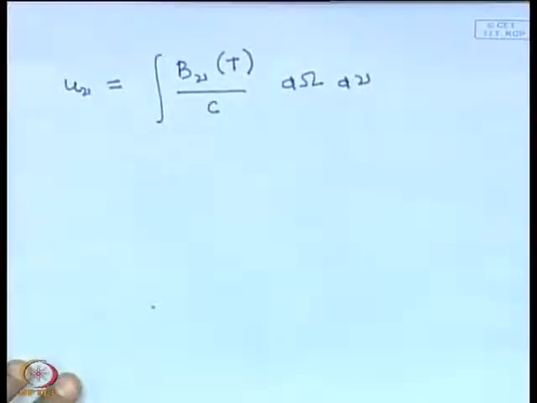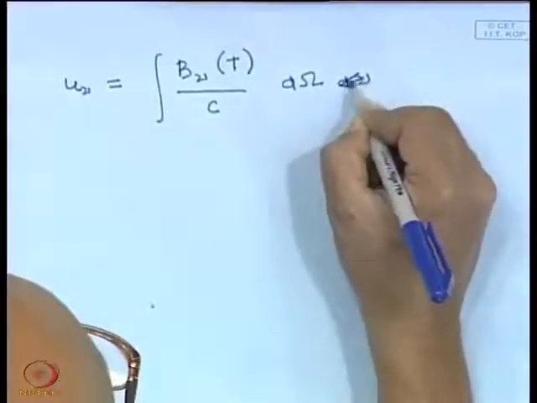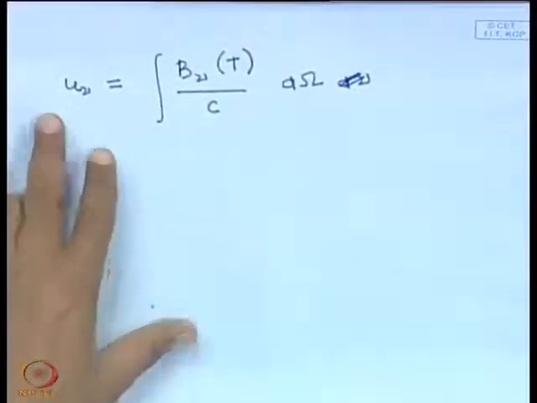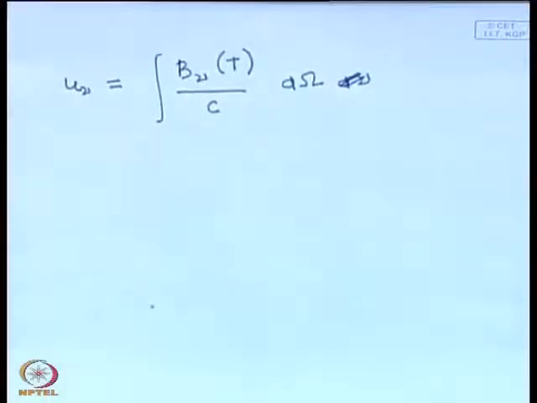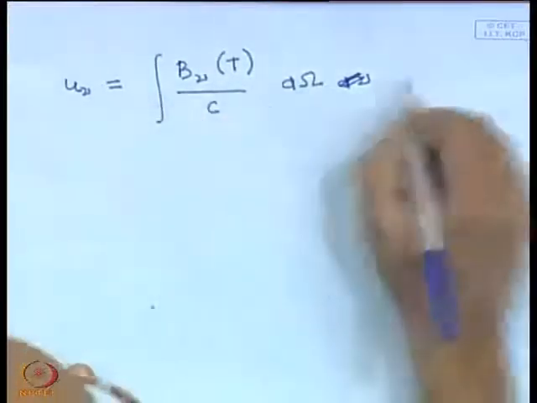Okay. So the frequency integral we shall do next. Okay, so this gives us the total energy density of the black body radiation contained in rays in all directions, and this d omega integral can just be taken outside.